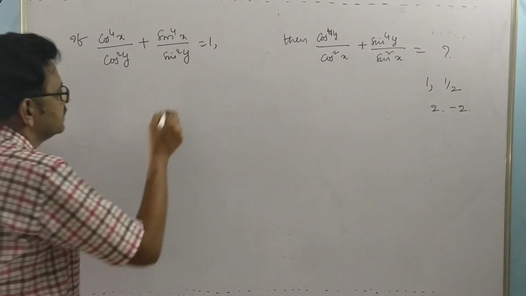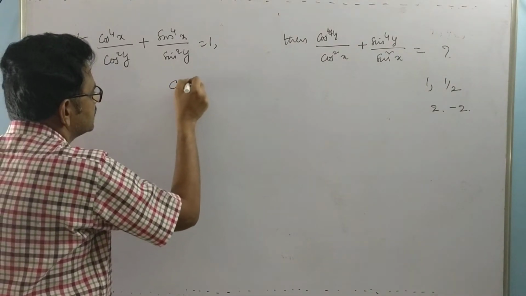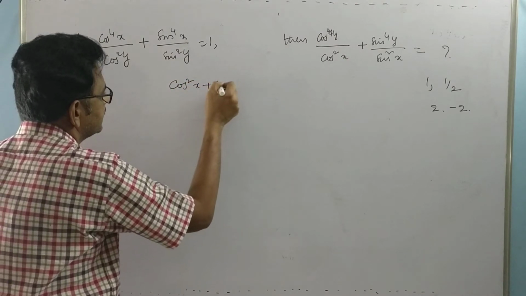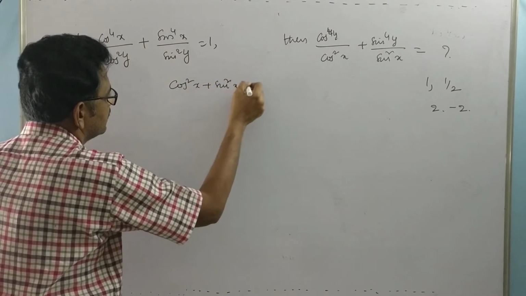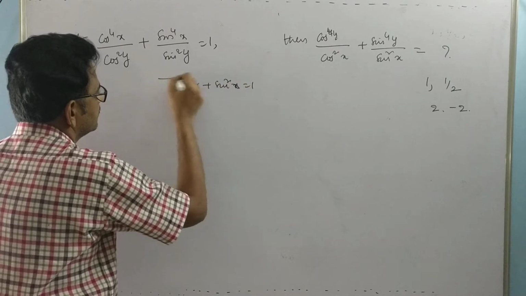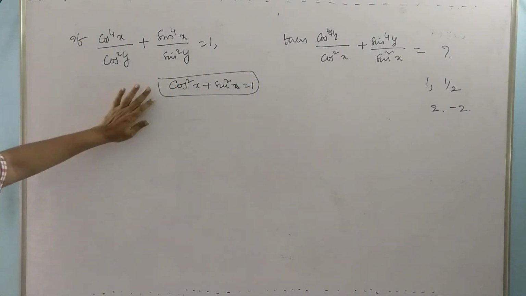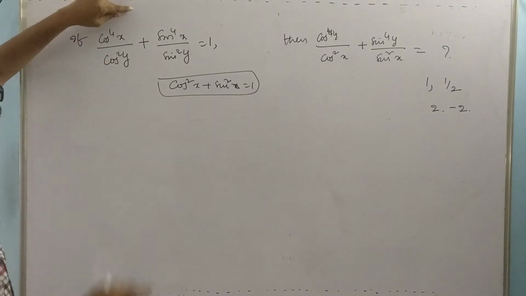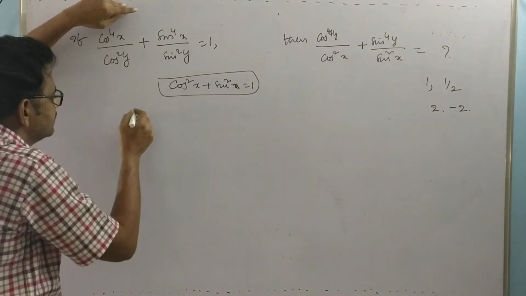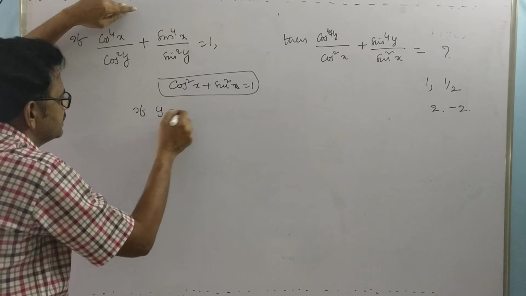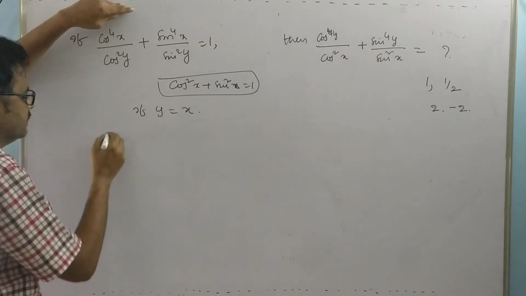So we know that cos square x plus sin square x is equal to 1. Suppose y is equal to x, then this becomes what?